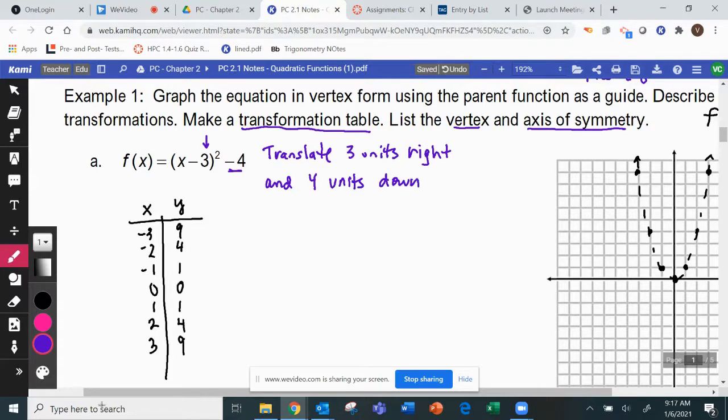So then we go to our table, and anything that is horizontal will go on the x side of the table. So that 3 units right means +3 to my x values. So the words in the table match, the equation will not match. The words in the table match the horizontal stuff. So I'm going to add 3 to each of these.